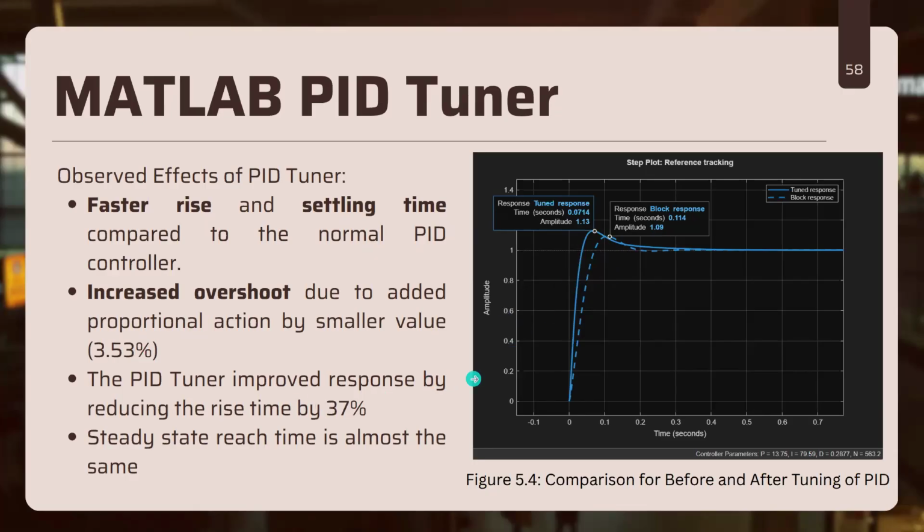The PID tuner improved the response by reducing the rise time. As we can see here, the rise time before tuning was 0.114 second, while after tuning it became 0.0714 second. And the steady state reach time is almost the same for the PID before tuning and after tuning.